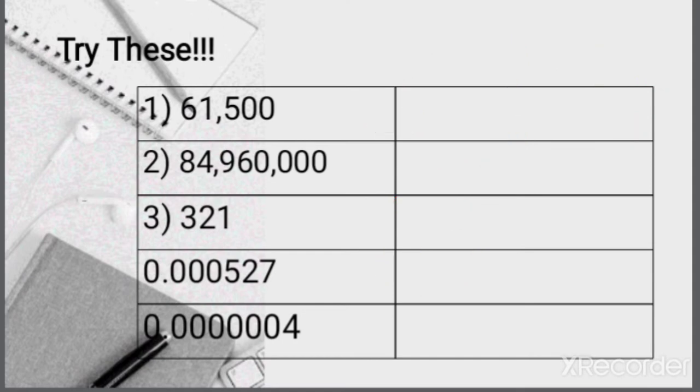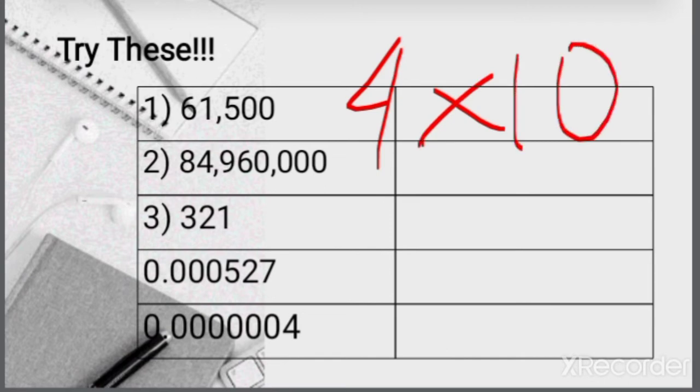And for the last one, we have 0.00004. The scientific notation of this is 4 times 10 to the power of, let's count. So we have 1, 2, 3, 4, 5, 6, 7.